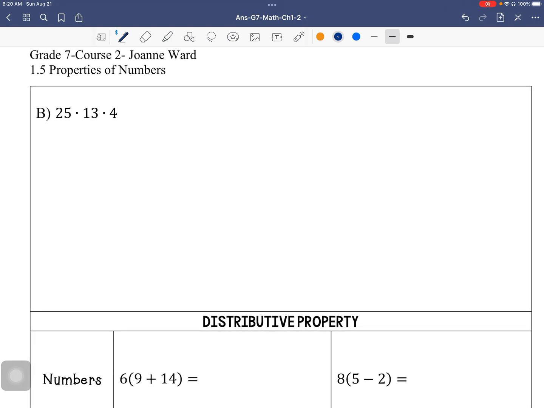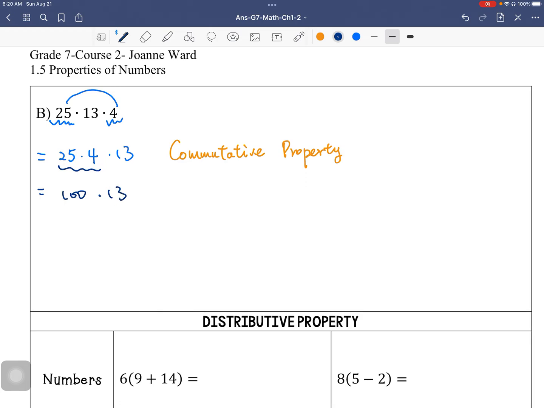For example B, now I have 25 multiplies 30 multiplies by 4. Now I have 25 multiplies by 4 times 13. And again, this is commutative property. So this is 100 times 13.